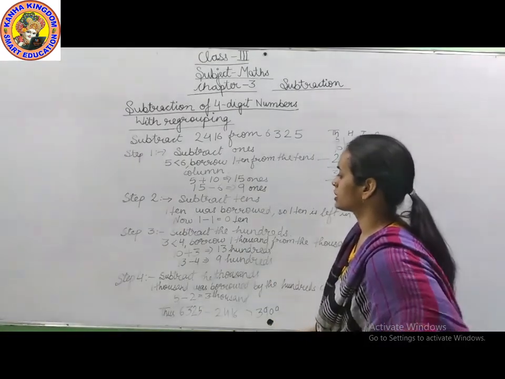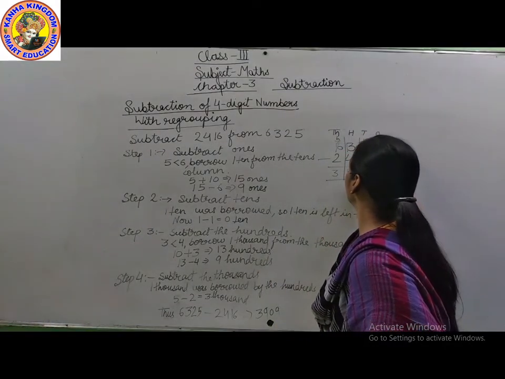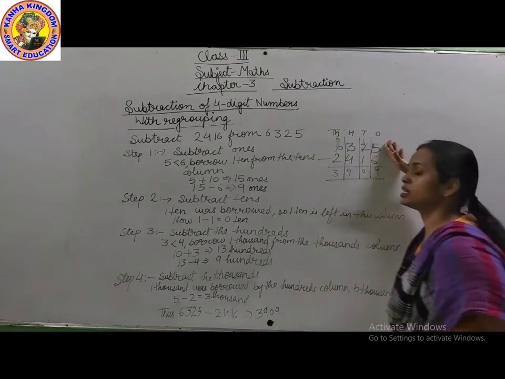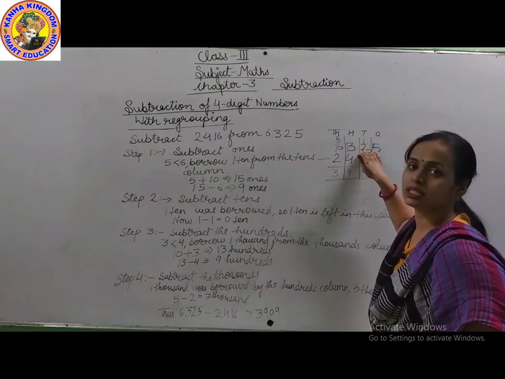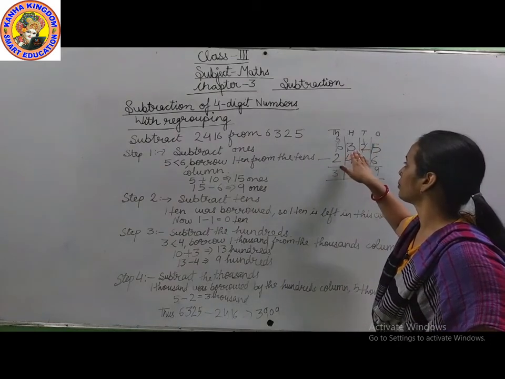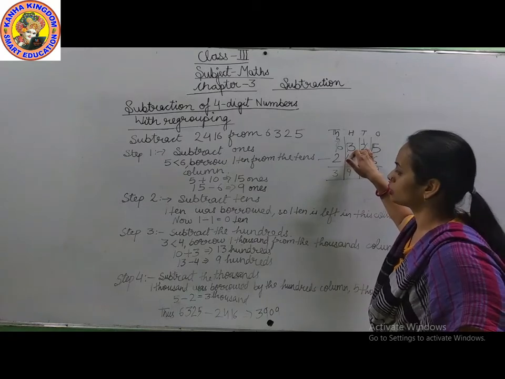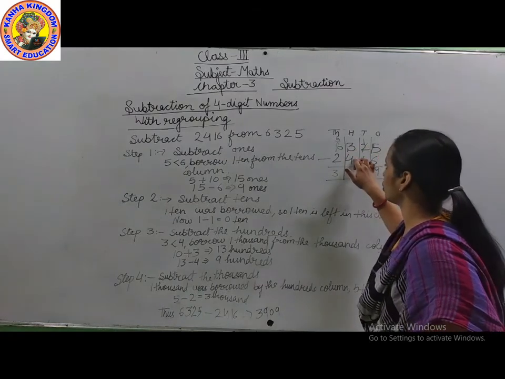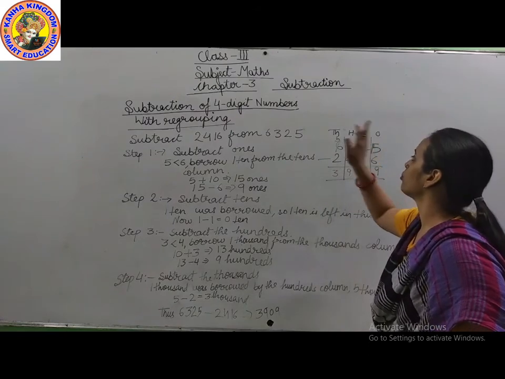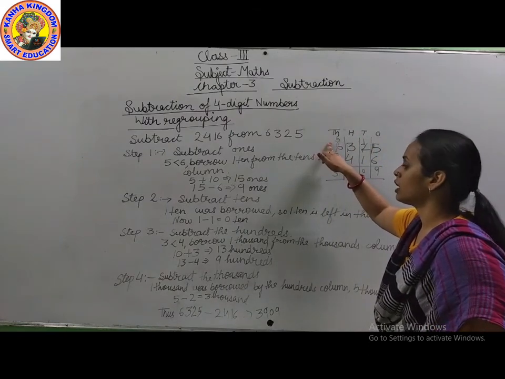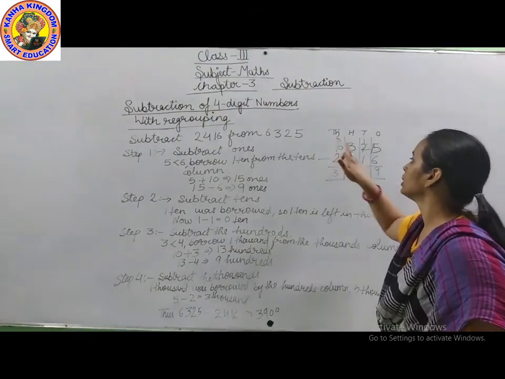Next is the third step, subtract hundreds. We have done the subtraction of the ones place digit, then the tens place digit. Now we subtract the digit at the hundreds place. So 3 minus 4. So 4 is greater than 3, so we borrow 1000 from the thousands column.